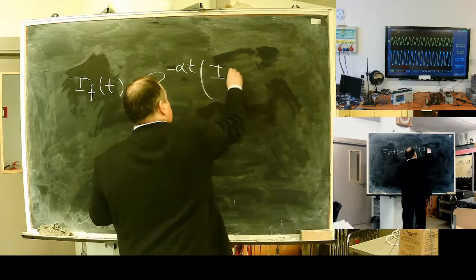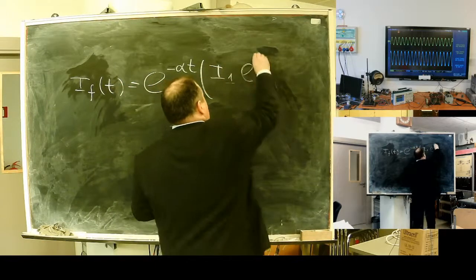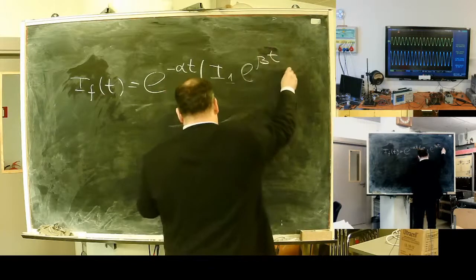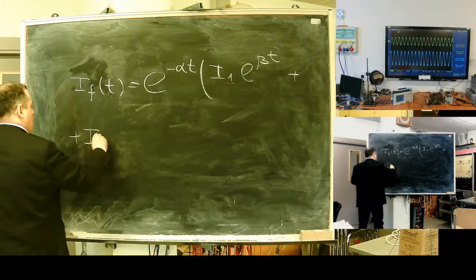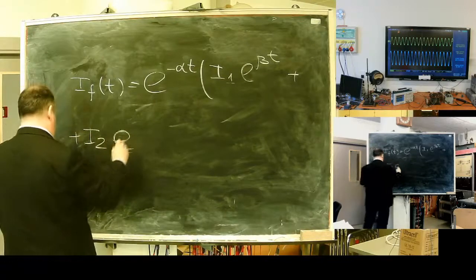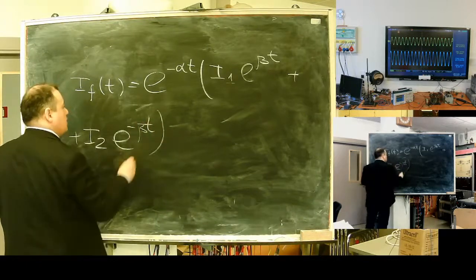So here we have I1 e to the power minus alpha plus beta, plus I2 e to the power minus alpha minus beta.